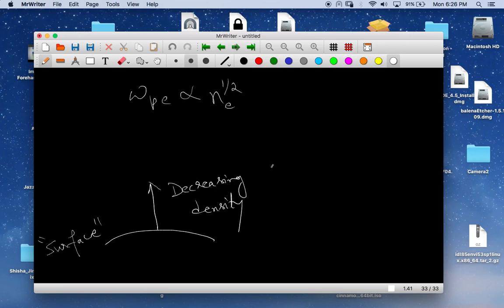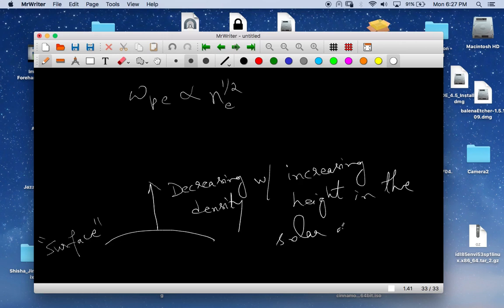Okay, so decreasing density with increasing height in the solar atmosphere. Okay.